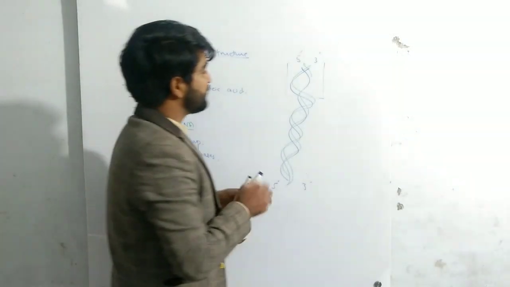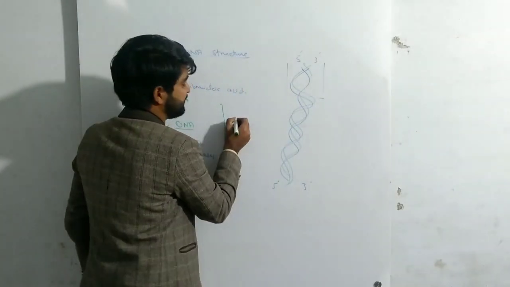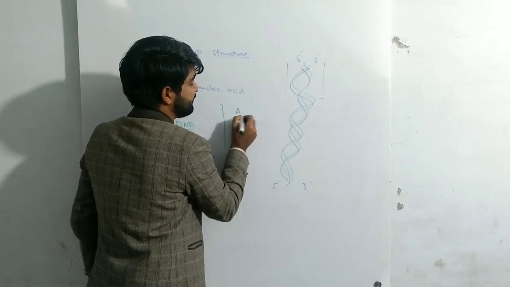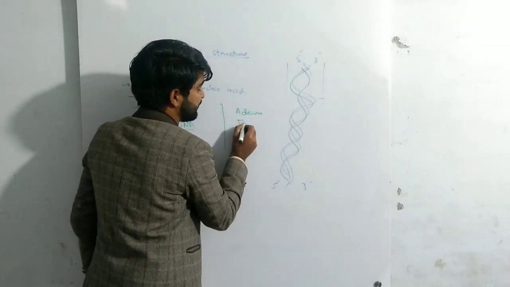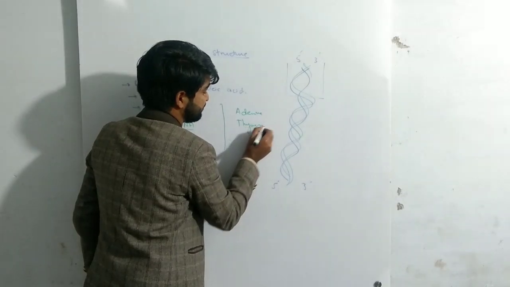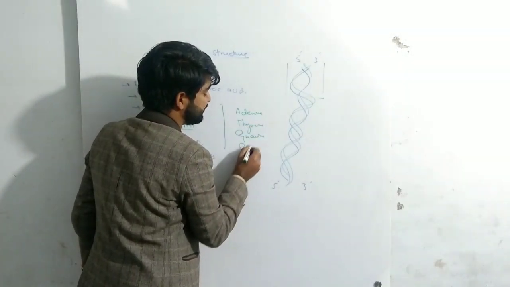And these helices are joined by bases. There are 4 types of bases: adenine, thymine, guanine and cytosine.